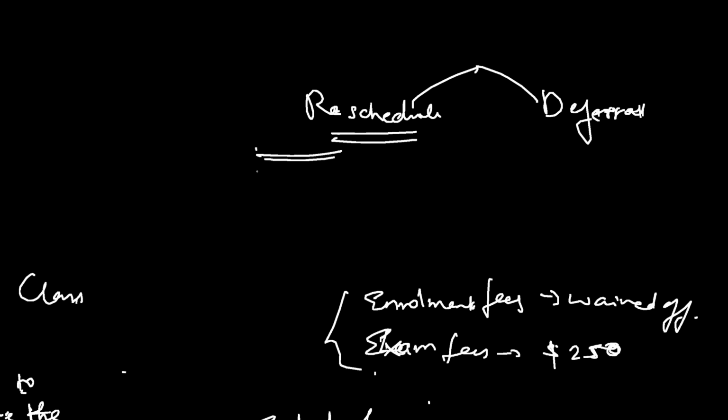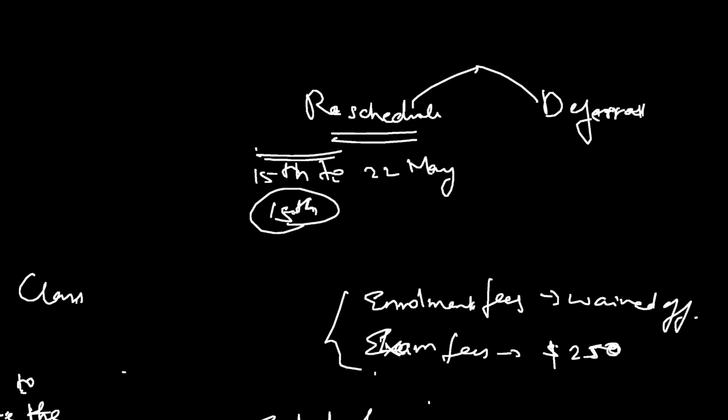Rescheduling means, when you are selecting the center, normally a week's gap is given. For example, let's say 15th to 22nd May, this window is open. You have to select one date from this and fix your date and center. Imagine you have selected the 15th.